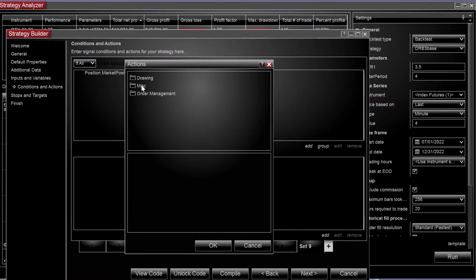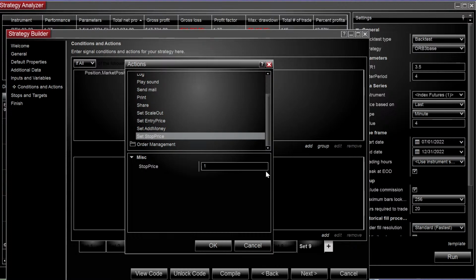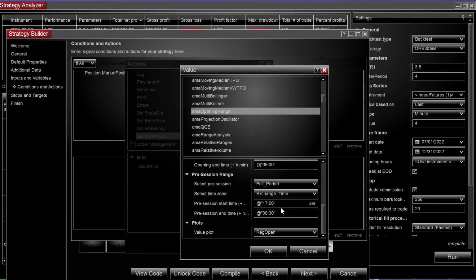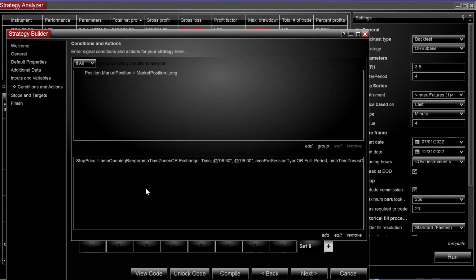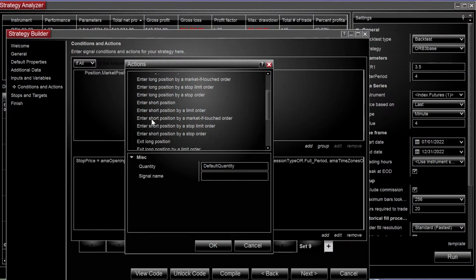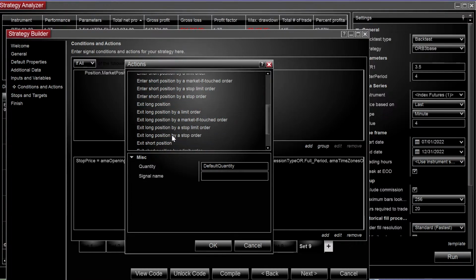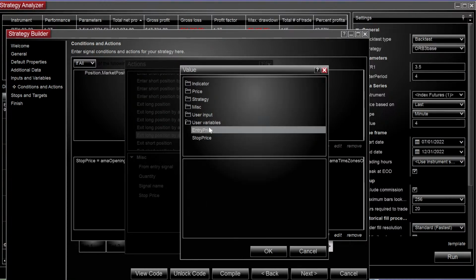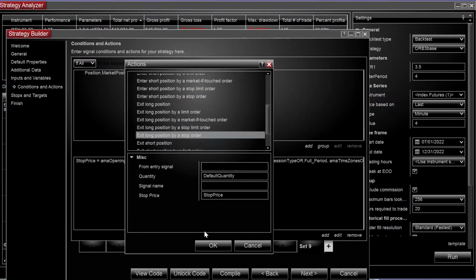So whenever we're long, we're going to set our stop price to the opening range low. And then in another order management, we have to now say exit long position by a stop order. Set the stop price to the variable stop price.